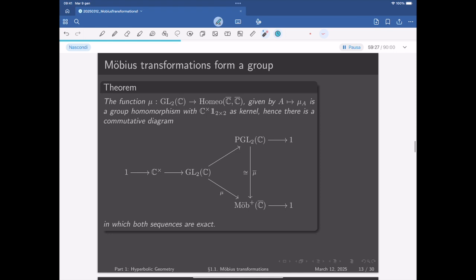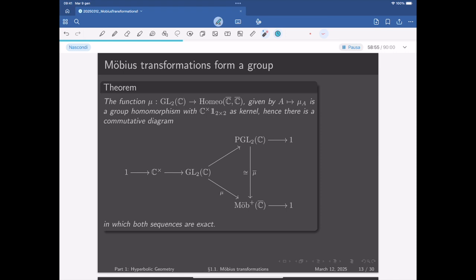And this is actually a group homomorphism, and its kernel is precisely the set of all non-zero scalar multiples of the identity. In other words, two matrices induce the same Möbius transformation if and only if one is a non-zero complex multiple of the other.